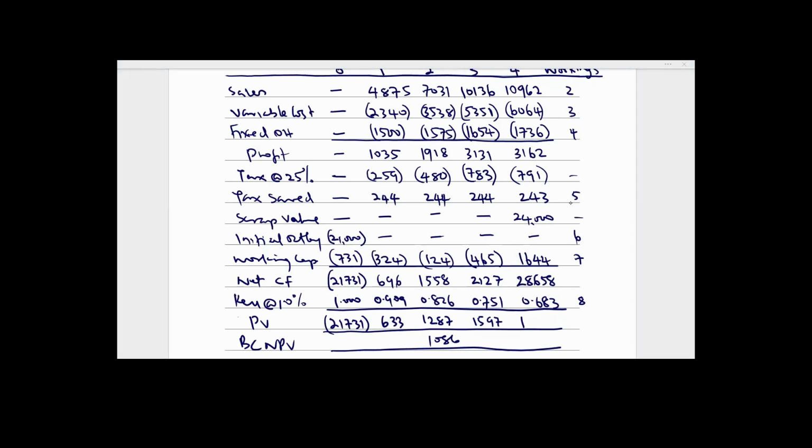multiplied by 0.683. That's 19.3. So confirm where the difference is coming from. It's supposed to be 1,060, not 1,086. Something is not right. Since we're running out of time, can we just write the base case NPV as the correct figure?